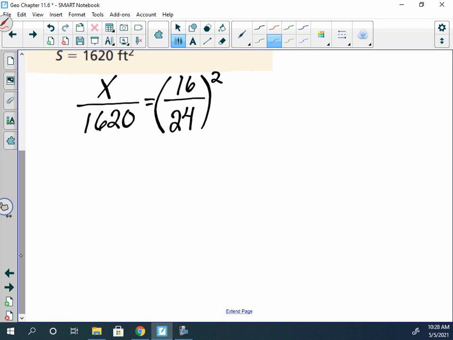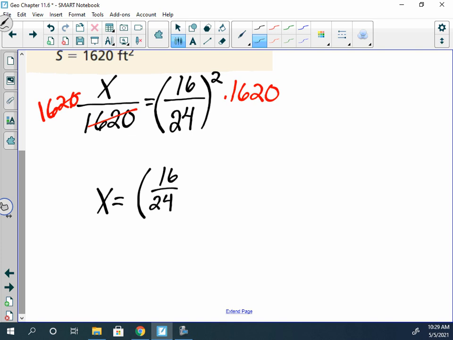Now to get X by itself, we'd multiply both sides by 1620. Because these would cancel, giving us X by itself, which is equal to 16 over 24 squared times 1620.